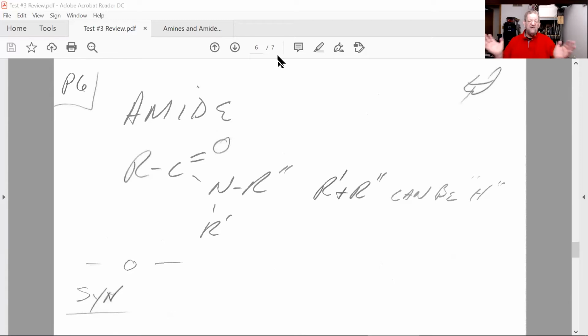Now, new functional group, amides. An amide is where you have a carbonyl with an R group. The carbonyl carbon is bonded to nitrogen, and on nitrogen you have R prime and R double prime, and either one or both can be hydrogens or carbons.